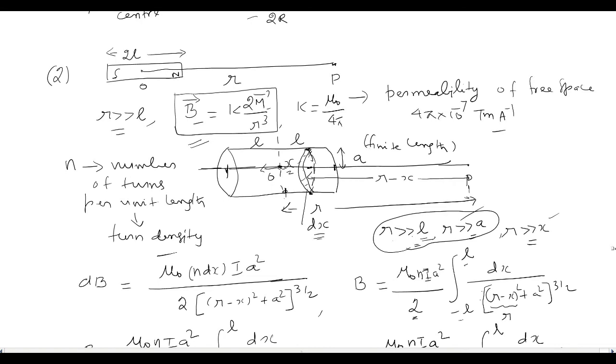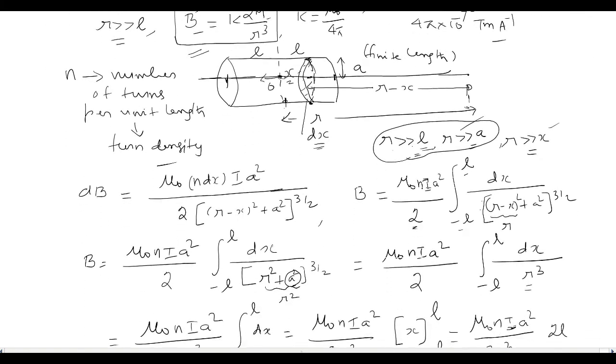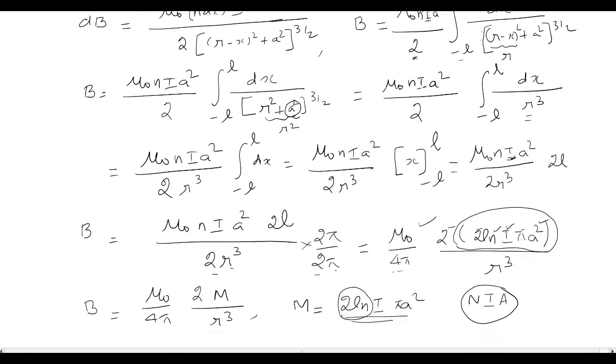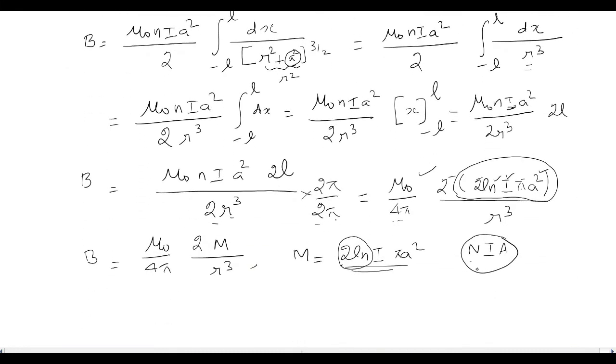Because we have shown the length to be 2l, so you can't consider it to be a very long solenoid. So capital N is the total number of turns, which is 2l into n, because small n is number of turns per unit length. This is only the A, area of the solenoid is A. Okay, N I A, magnetic moment of the solenoid.